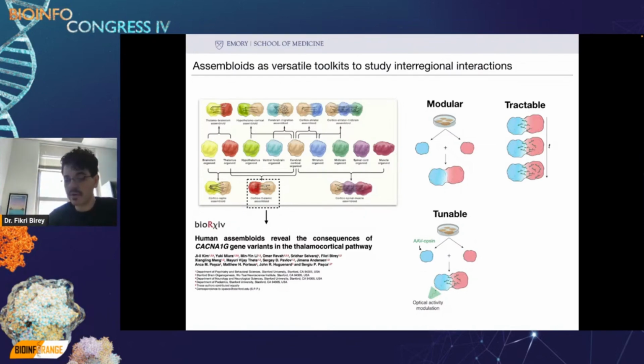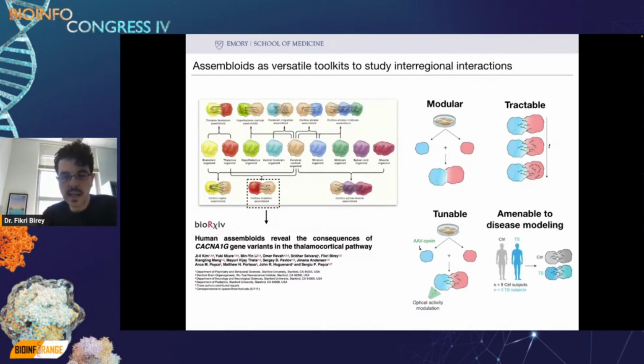And four, as I'm going to show, and spend the end part of my talk on, they're very amenable to disease modeling. I particularly worked on neurodevelopmental disorders of monogenic origin, and they're extremely robust models for understanding those kinds of diseases. But now people are starting to study neurodegeneration using other kinds of assembloid models, for example, cortico-spinal-muscle assembloids.